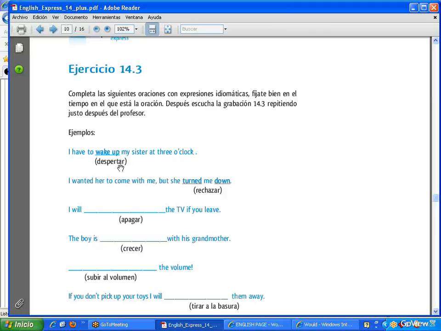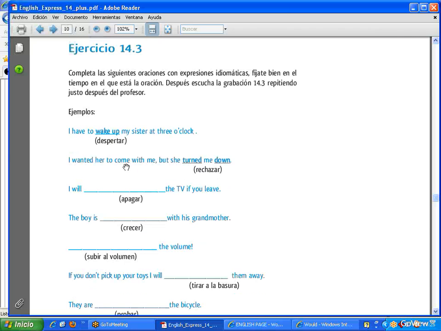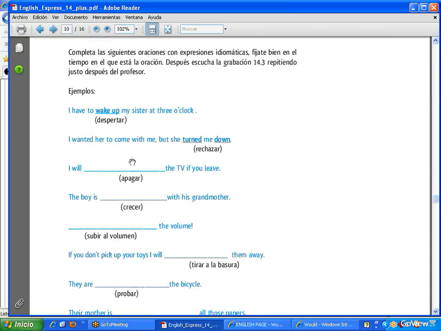It's the mismo. In this one, I wanted her to come with me, but she turned me down. Rechazar, turn down, and here we divide it, and we put the pronoun entre turned and down, between the verb and the preposition.